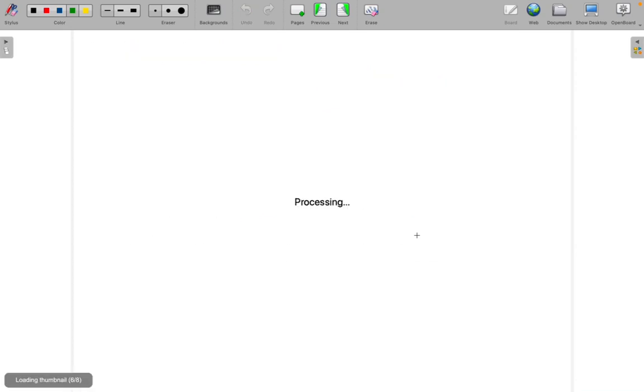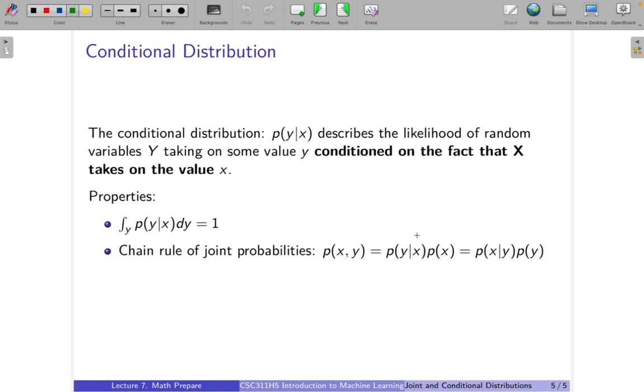There is also a property called the chain rule, unrelated to the chain rule in calculus.